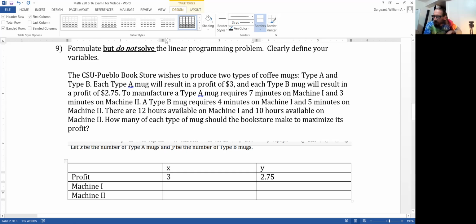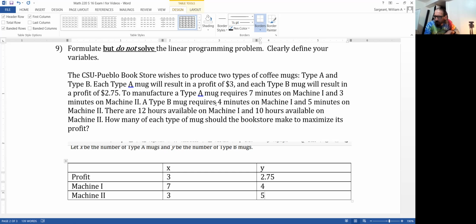We have that on machine 1 for mug type A, there are going to be 7 minutes needed, and on machine 2, 3 minutes. Then for mug type B, we're going to need 4 minutes on machine 1 and 5 minutes on machine 2.